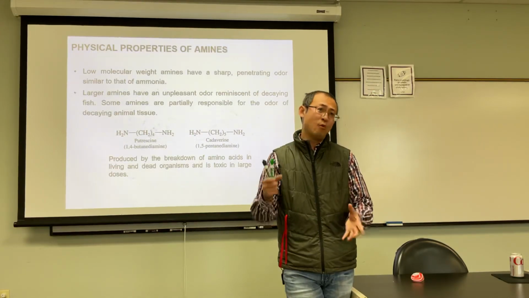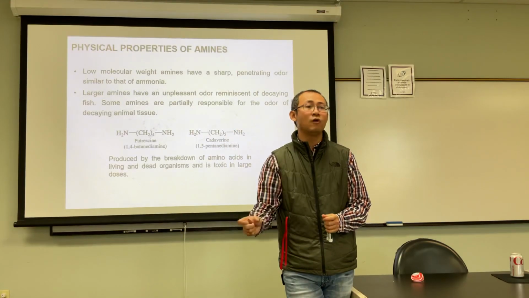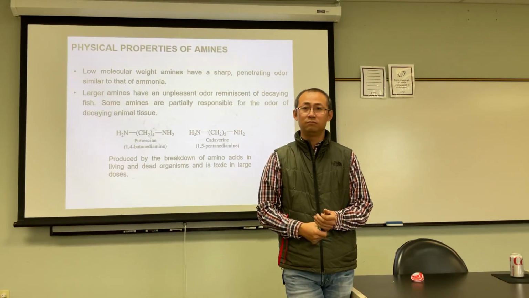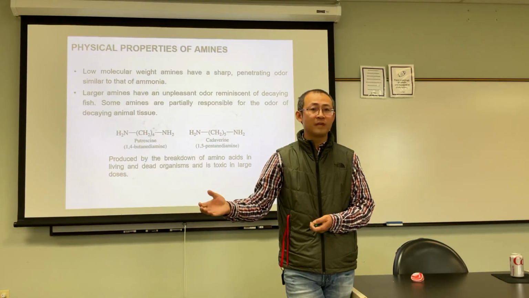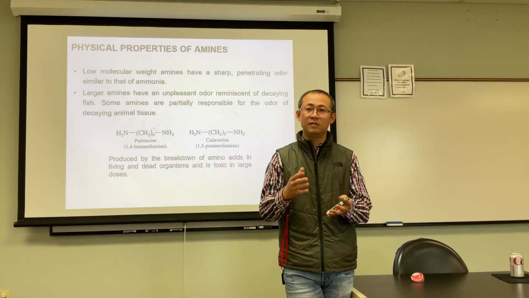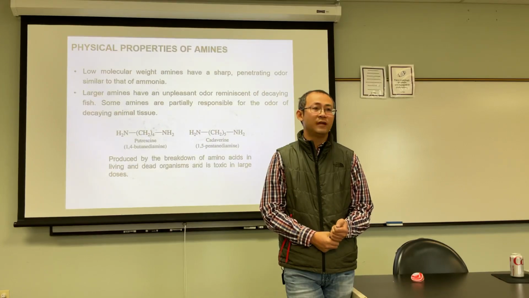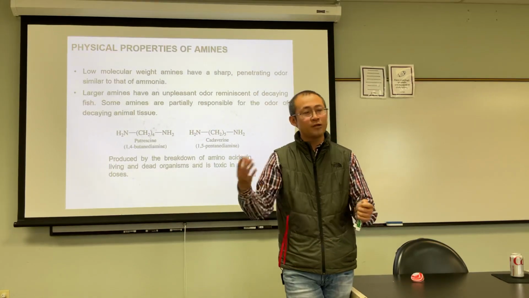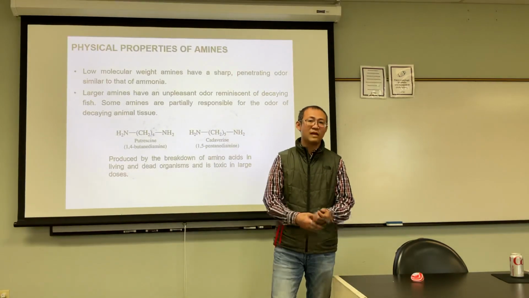If you want to compare, amines are close to alcohols, but slightly lower. But because amines can be primary, secondary, or tertiary, it's hard to define based on the structure of the amine and also the number of carbons itself. We have to consider many factors. That's why in this class we don't study their physical properties systematically like we did before.